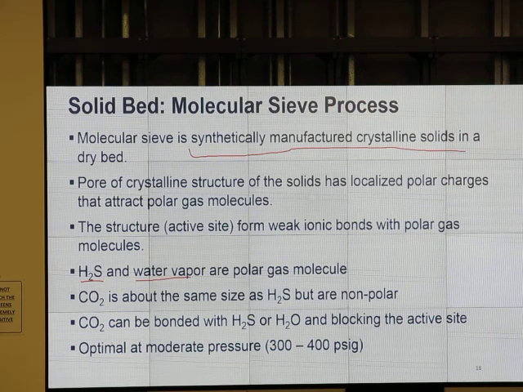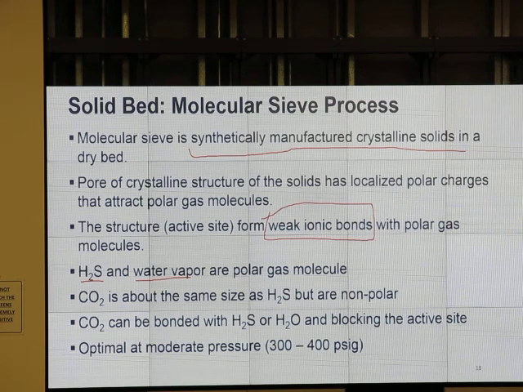Okay. So it operates based on bonding. It has active sites, so the structure forms a weak ionic bond. What happens here is there's no chemical reaction. It's just bonding, forming a weak ionic bond to catch polar gas molecules.